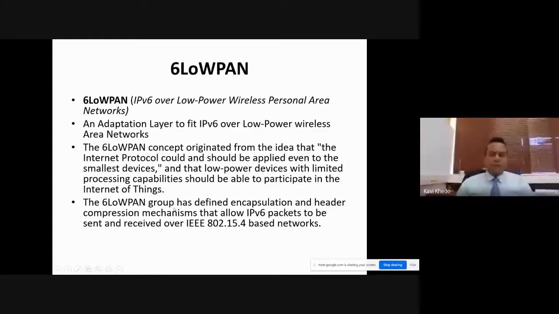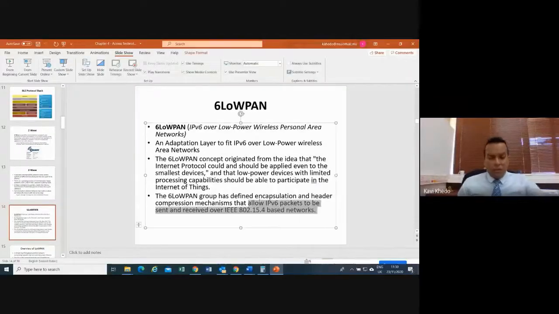6LoWPAN has defined encapsulation and header compression mechanisms, to encapsulate data that allow IPv6 packets to be sent and received over IEEE 802.15.4 based networks. Let me highlight this part, it is very important. Normally, IEEE 802.15.4 based networks cannot connect to the internet because they are not IP based.